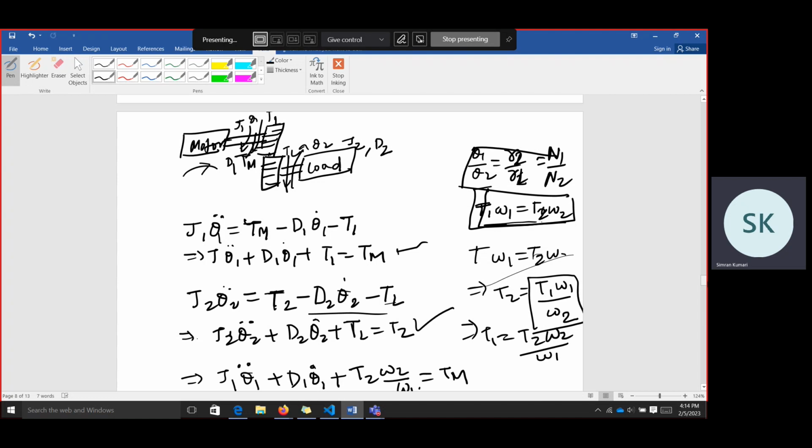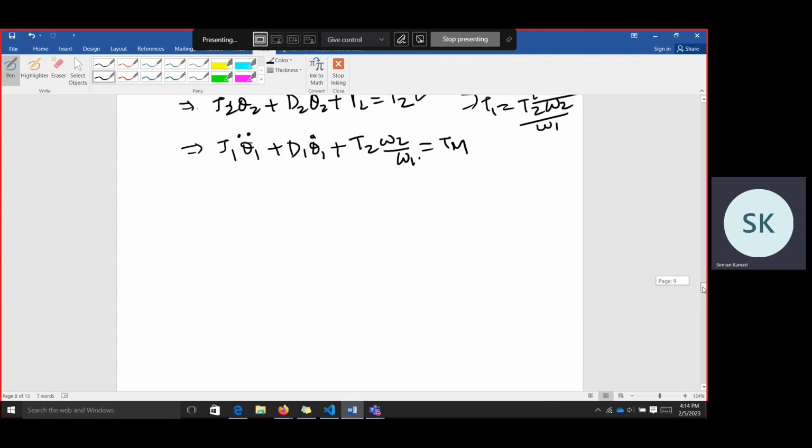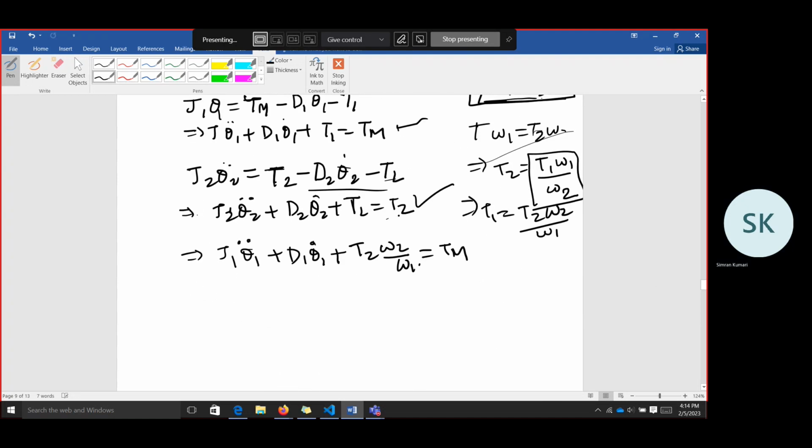Now for T2, we can substitute this equation, and then we'll get some equation.